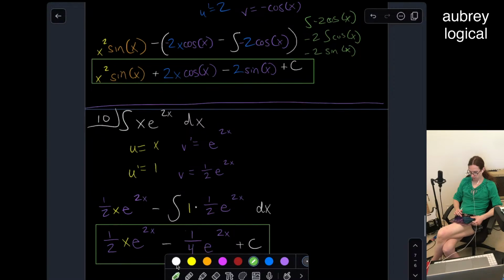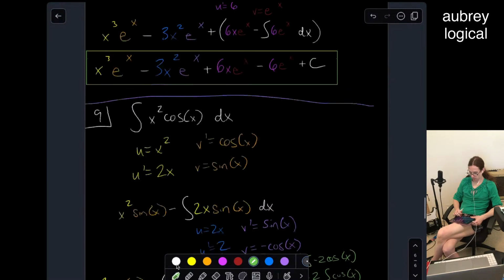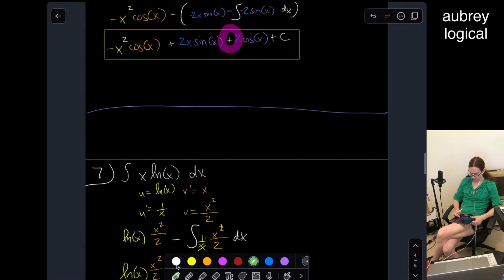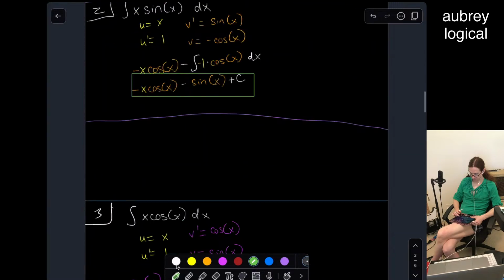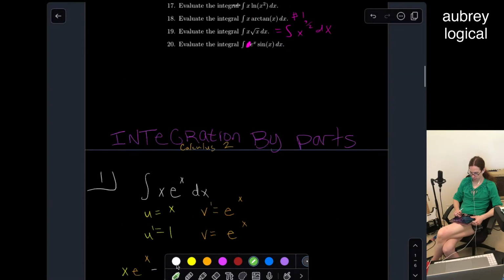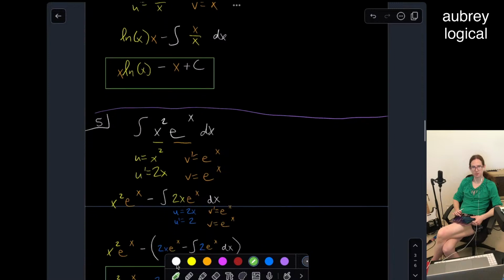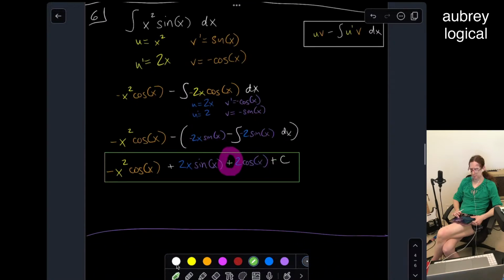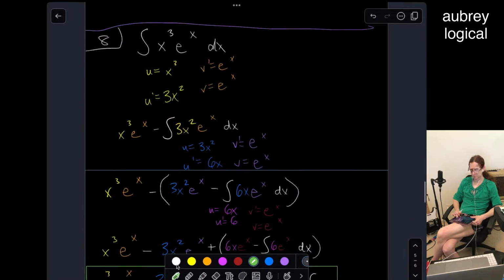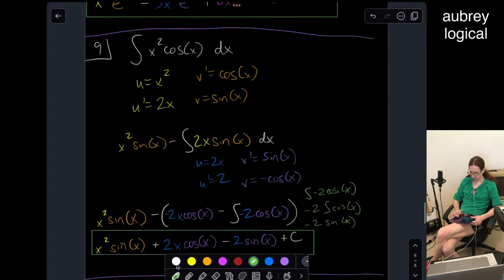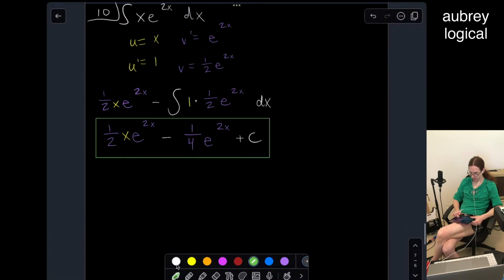And that looks right to me. So pretty much so far, the toughest part of this assignment is getting your signs right.